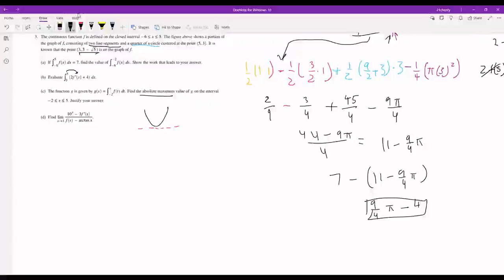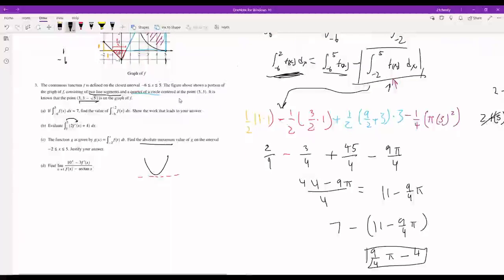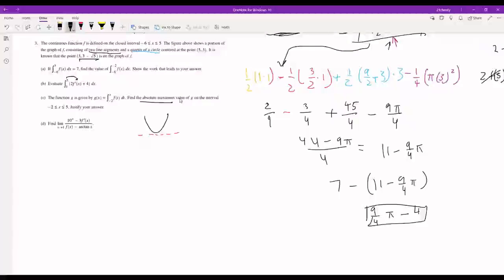And we also look for undefined areas because that is another critical point. But looking at this graph, we don't have any undefined areas. We just have -1, 1/2, and 5. And since it's an absolute maximum, we also look at the endpoints, so -2 as well.